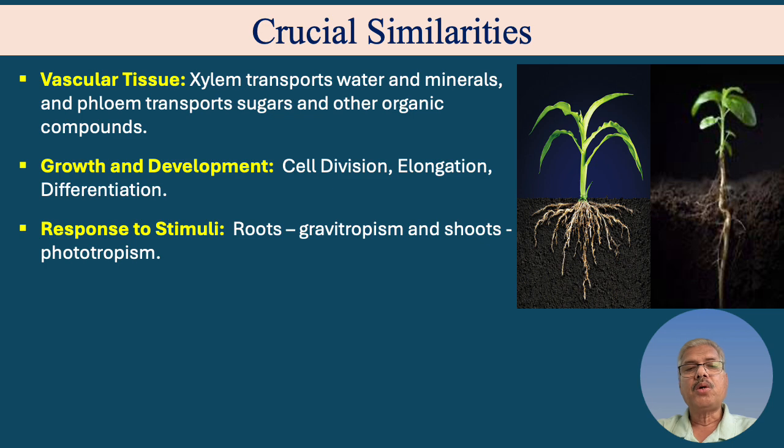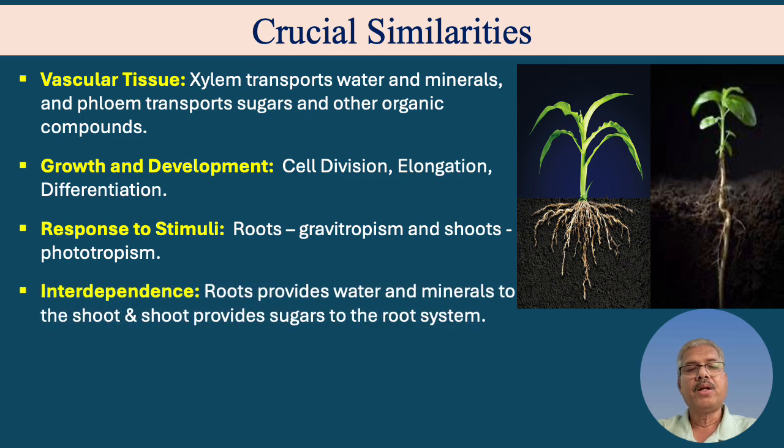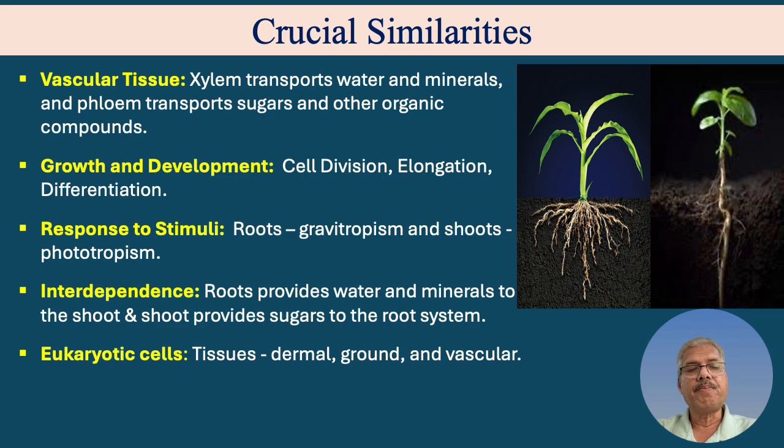For example, roots exhibit gravitropism, that is growth in response to gravity, and the shoot exhibits phototropism, that is growth in response to light. Both systems are essential for the plant's survival and growth. The root system provides water and minerals to the shoot system, while the shoot system provides sugar produced through photosynthesis to the root system. They both contribute to the overall health of the plant.